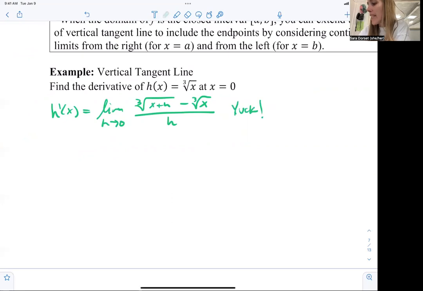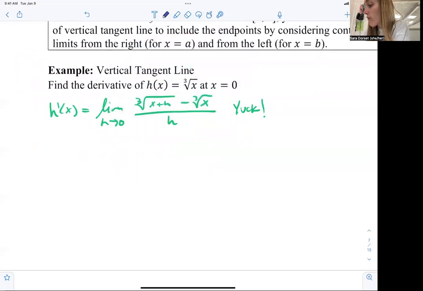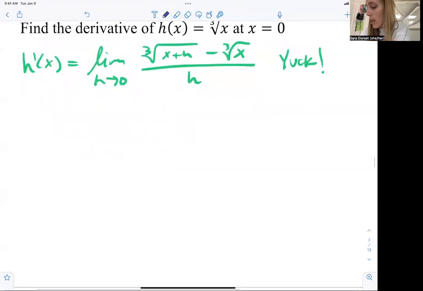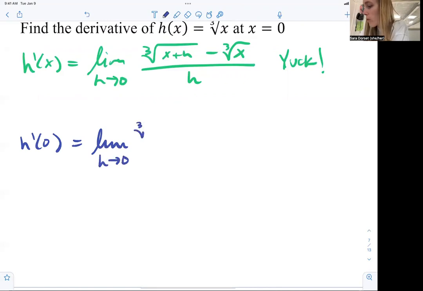But pay attention to what this question is asking. It's saying find the derivative of the cube root of x at 0. So h prime of 0, we can just plug in: the limit as h approaches 0 of the cube root of 0 plus h, minus the cube root of 0, all over h.